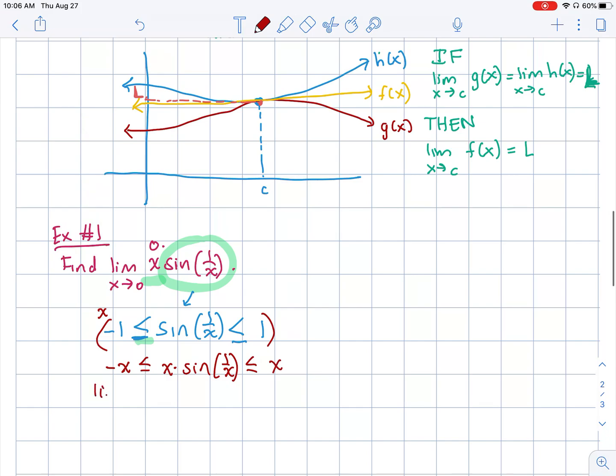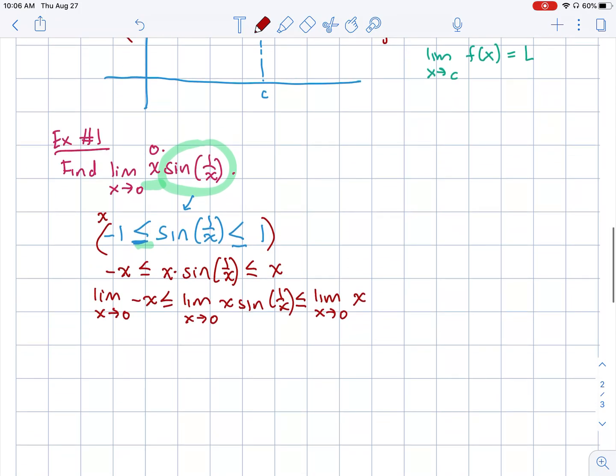And so if I evaluate the limit as x approaches 0 of each one of the components, I end up with the problem that I'm trying to solve being the middle component of this compound inequality. And so the question is, can I analyze these more simple functions, the upper bread and the bottom bread?